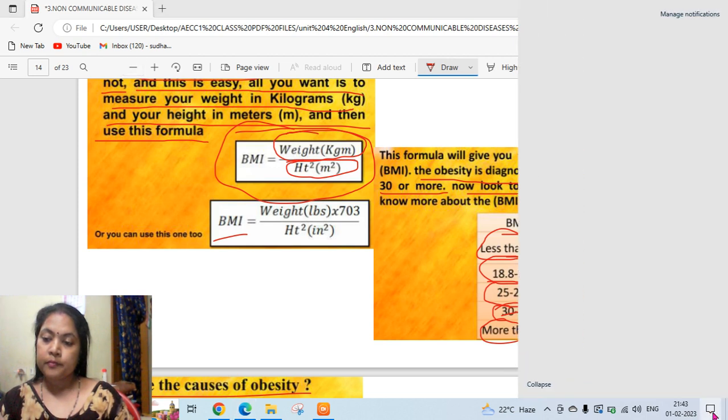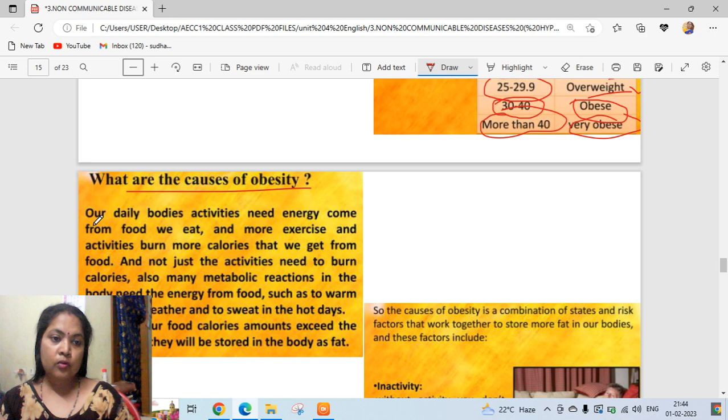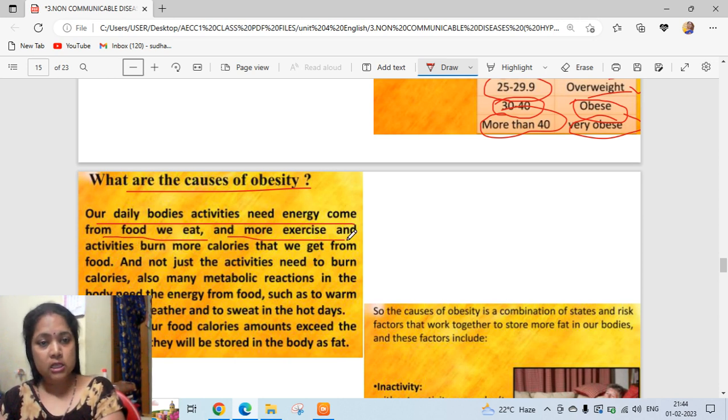Okay, so what are the causes of obesity? Now let us discuss the causes of obesity. So our body's daily activity needs energy that comes from the food we eat, isn't it? And more exercise and activities burn more of the calories that we get from food.